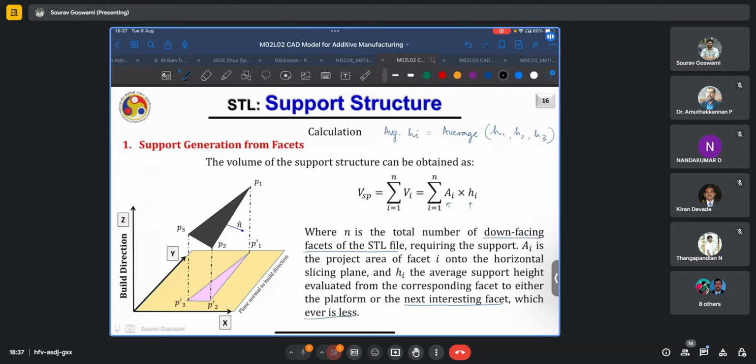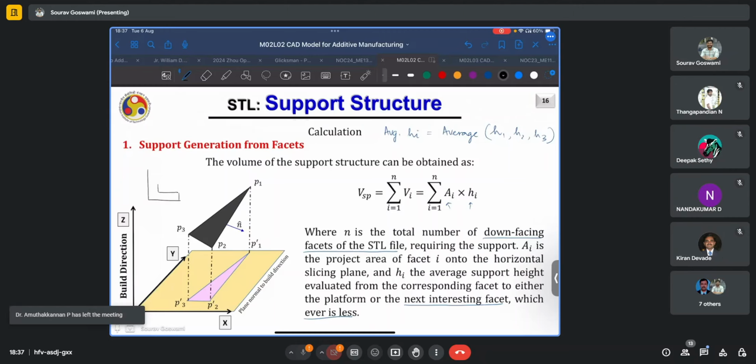Say when you're printing something like the letter E, the bottom face, of course, will have these support structures projected onto the build plate. What about this mid portion here?